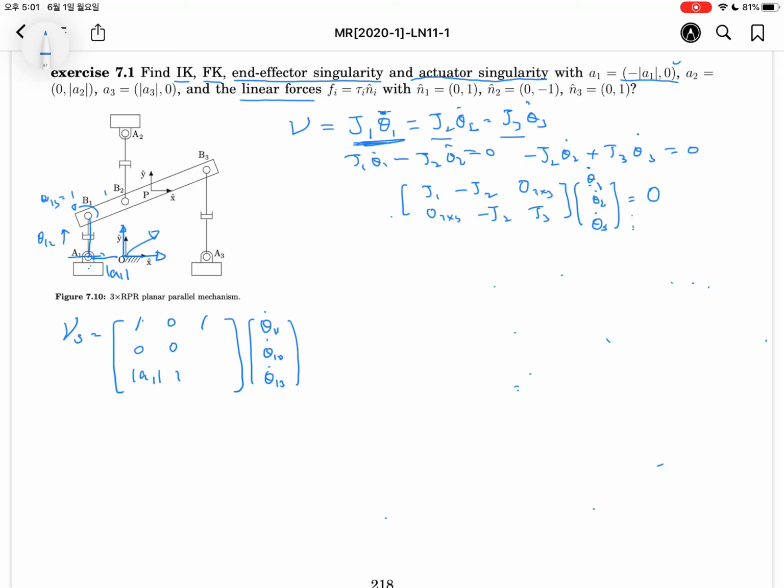So in the case of x direction, theta 1, 2 should be multiplied in the x direction. How about the y? In the case of the y direction, the magnitude of the A should be added in the screw axis, so A1. Like this, we can find out the J1.